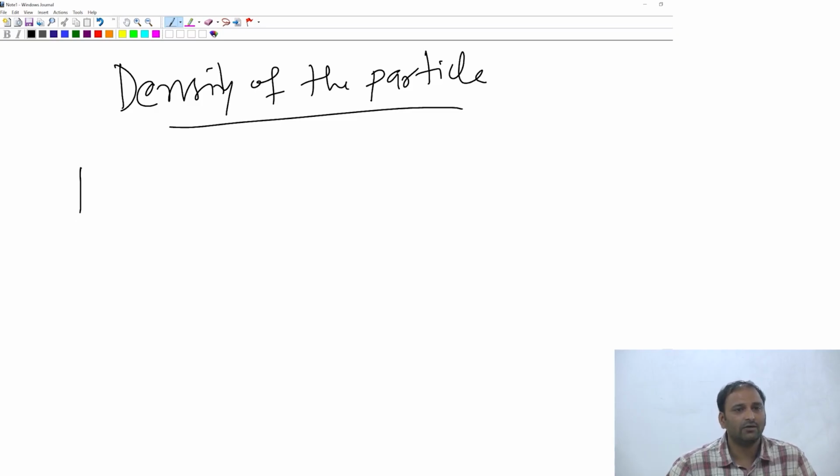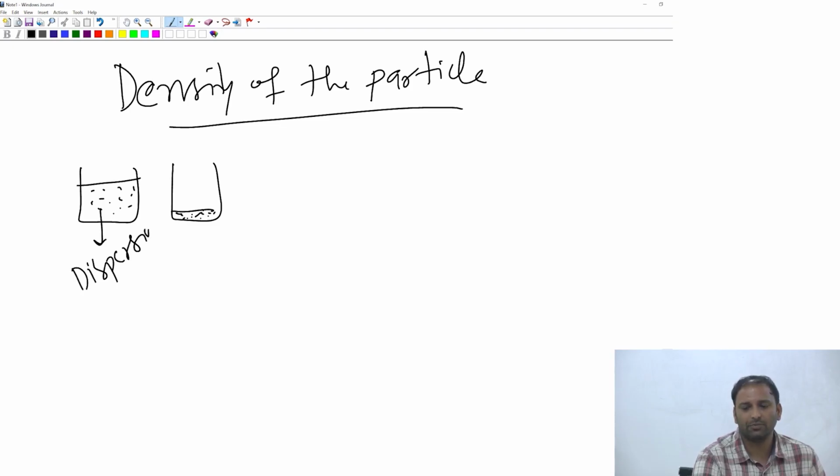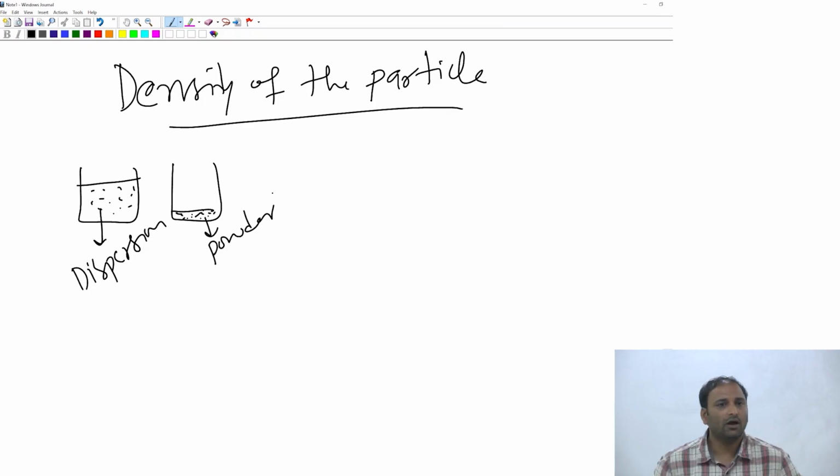Say I have either a liquid that contains some particles, which could be a dispersion, or say I have some powder sample, and I would like to measure the density of the particles that I have in the system. So what do you think is the best way of doing this? Some thoughts?